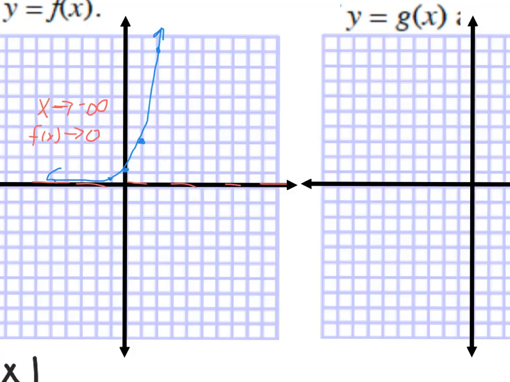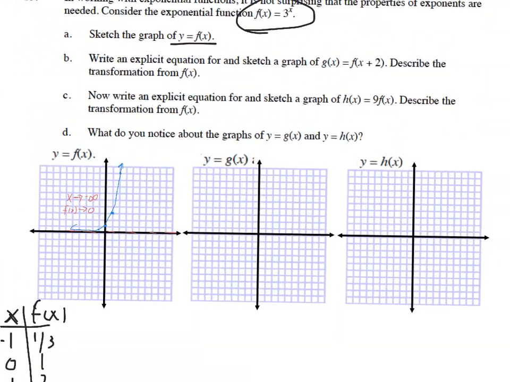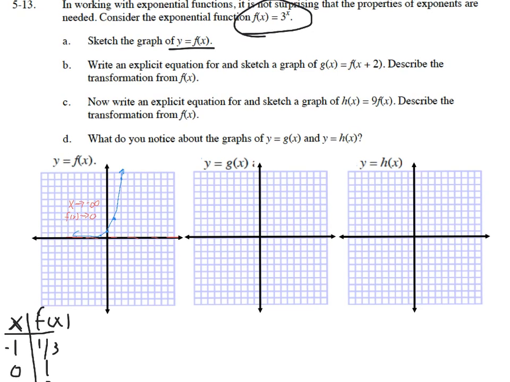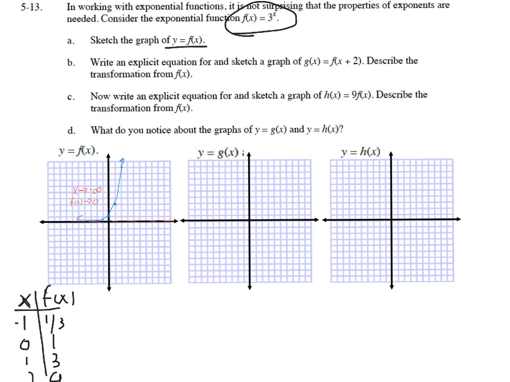Now, let's take a look at part B. Write an explicit equation for and sketch a graph of g of x equaling f of x plus 2. So I'm going to take my equation, let's go with a green pen.